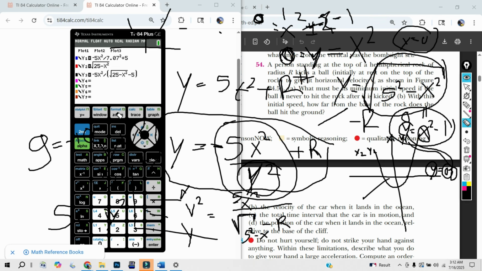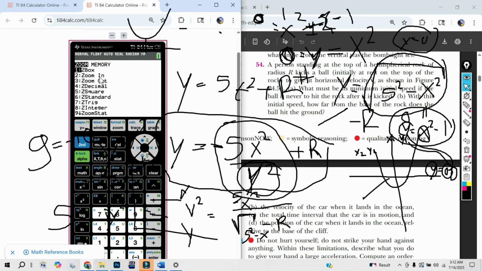All right, now let's graph that. Whoop. Huh. All right, so now we're at a loss.